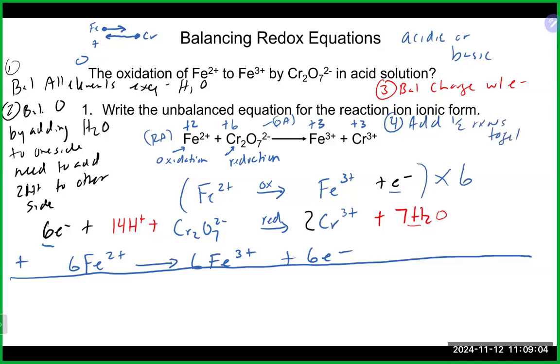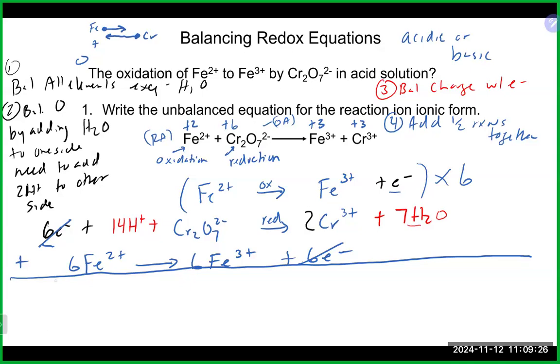We can cancel out the electrons, which should always completely cancel out. And anything else that's on opposite sides of the arrow, you could either cancel out or reduce down. So in this case, it looks like it is just going to be the electrons that are going to cancel. Everybody now on the left-hand side of the arrow stays there, and everybody on the right-hand side of the arrow will stay there.